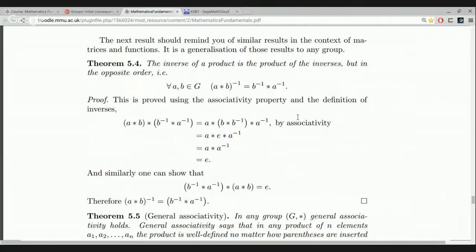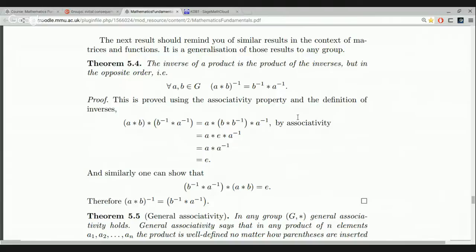You may remember it when you see the formula for matrices A and B. If we're allowed to multiply them, and if it has an inverse, the inverse of a product is the product of the inverses, but crucially, the order changes. So the inverse of B on the left and the inverse of A on the right.